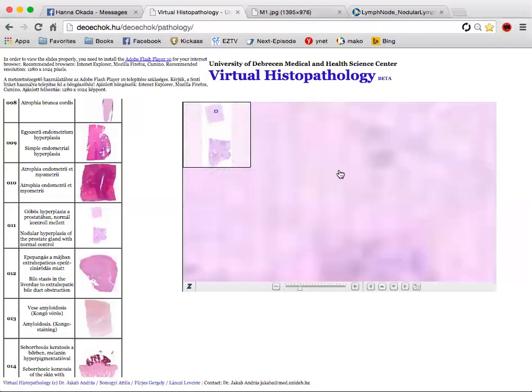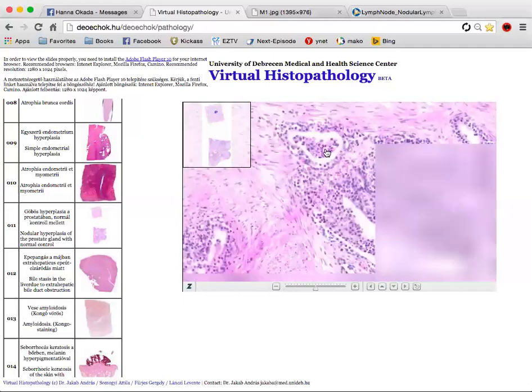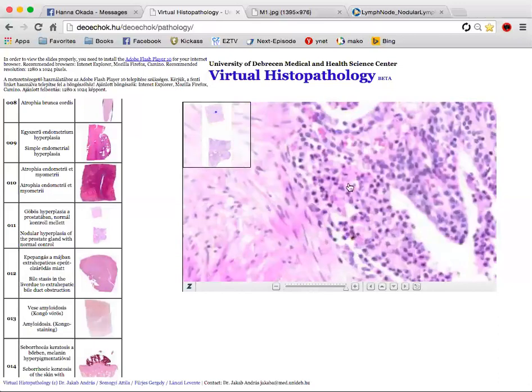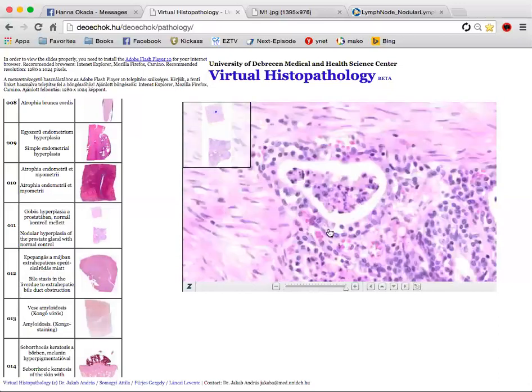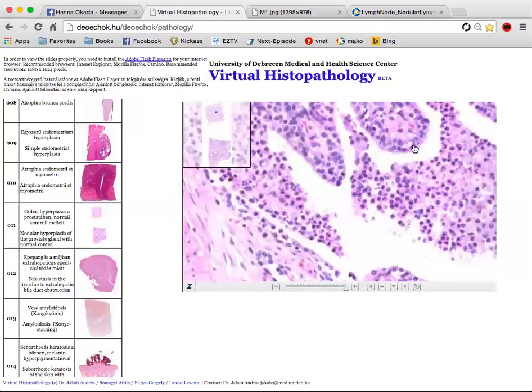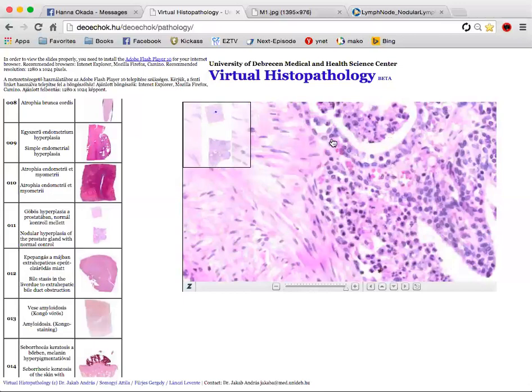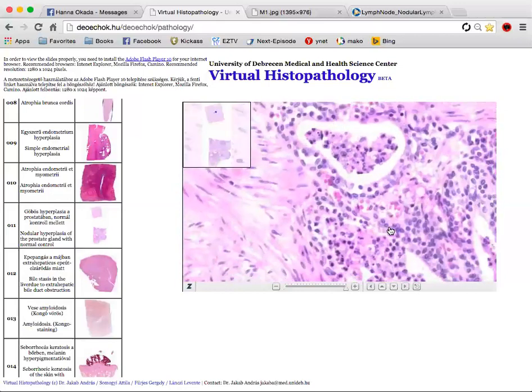The only thing they can ask you about the normal one: these are completely normal prostatic glands. What you can see are these little eosinophilic dots. These are called prostatic concretions, like concrete.